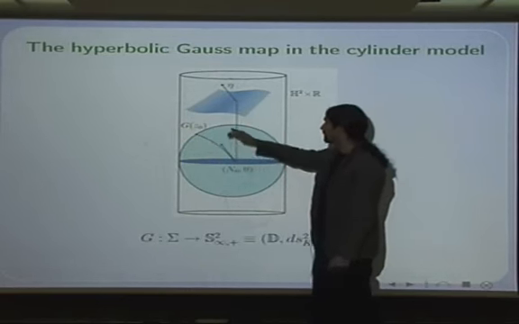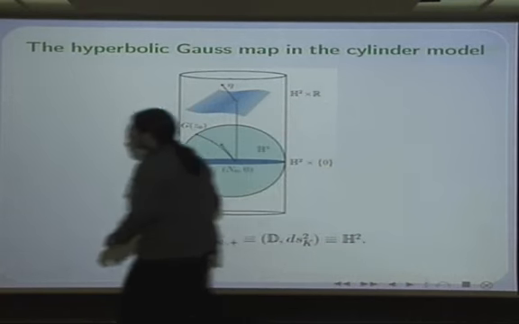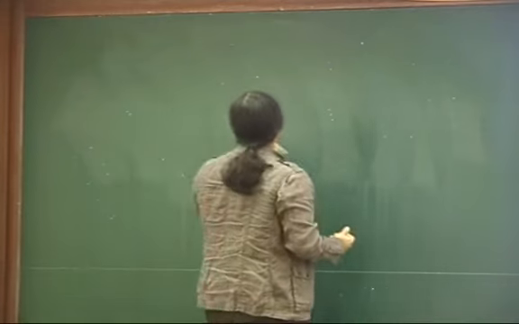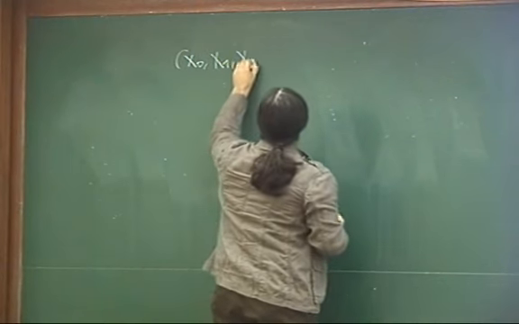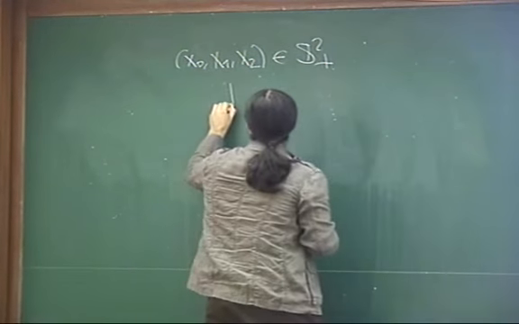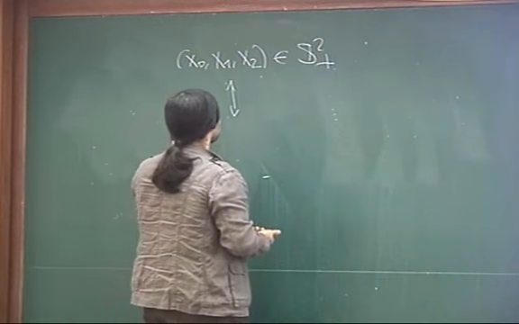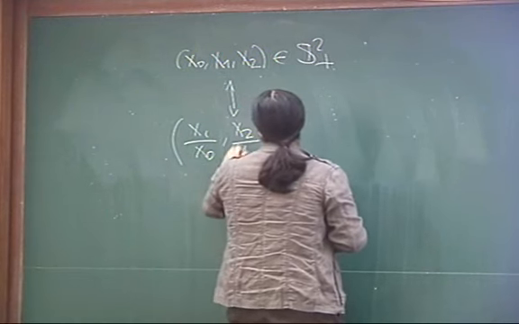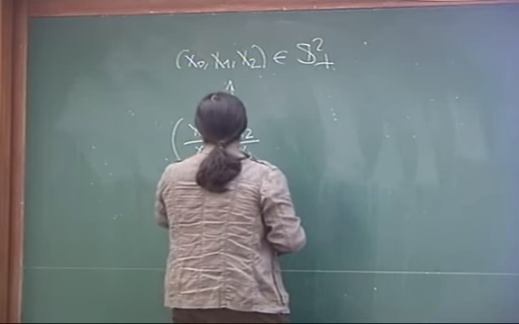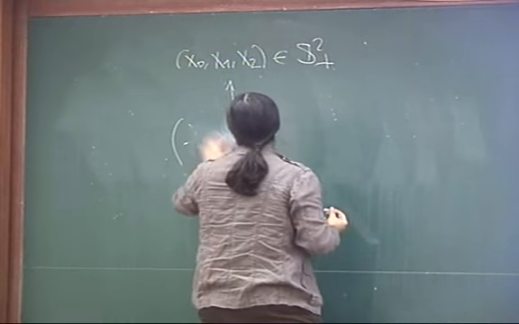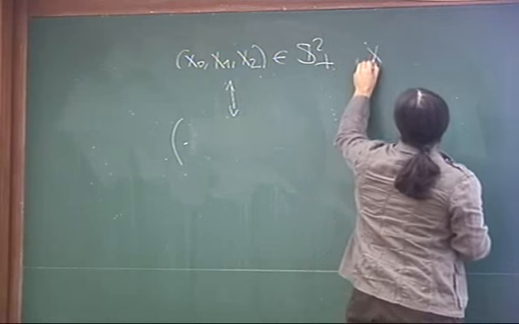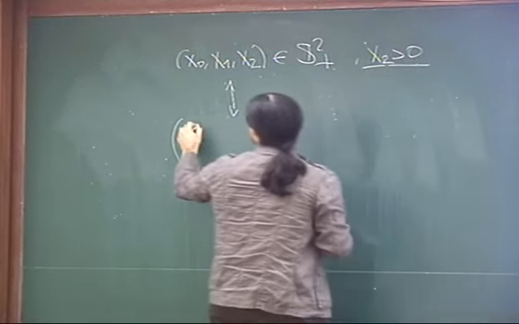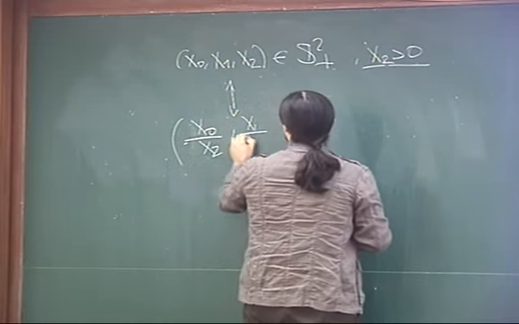And finally, I take a point in the upper half sphere, like (x0, x1, x2), and I put it in correspondence with the point obtained by dividing by the last coordinate: x0 divided by x2, x1 divided by x2, where x2 is positive.